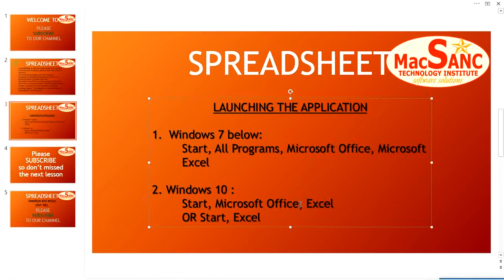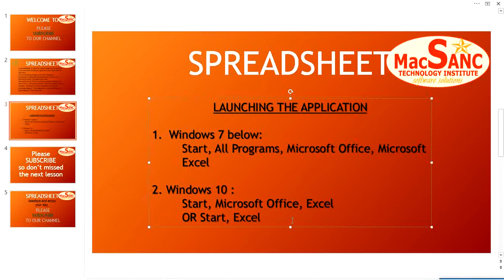But if you are using 2016 and 2019, you are not going to see the Office folder. So if you are using the other versions up to 2013, you have to click on the start button, click on Microsoft Office with the version attached to it, then you click on Microsoft Excel.